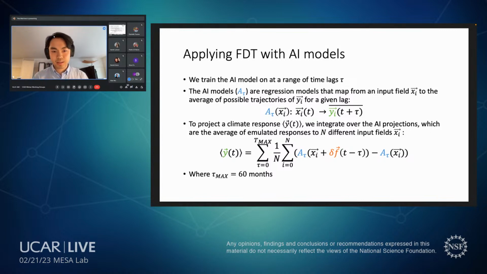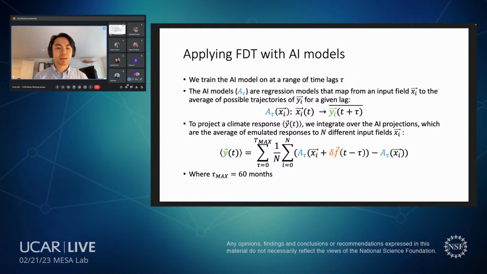And so in order to project the climate response, we first run the model many times on different sampled input fields, X of i, and then we run them again with those same input fields, but perturbed with some radiation anomaly delta F. And then we average over the output, the difference of those two outputs, for many different sampled input fields.